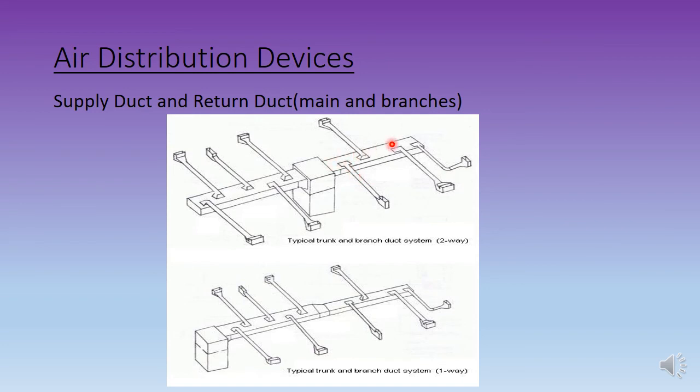And for the main trunk, normally we use rigid rectangular duct. This is a typical trunk and branch duct system. This is a two-way system, and the other one here is a one-way typical trunk and branch duct system.